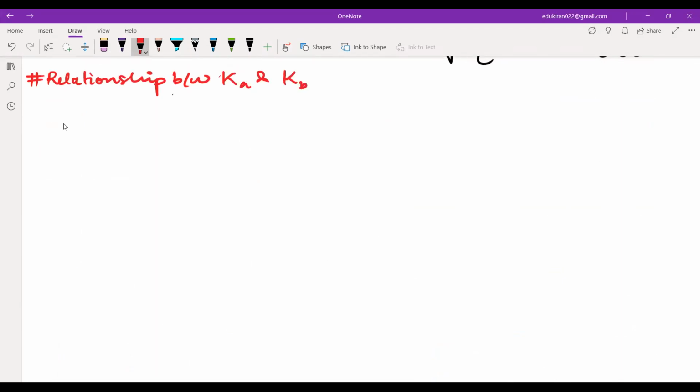Please remember what we are doing. Ka, that means of acid, and Kb, that is the conjugate base. What that means, relationship between Ka and Kb of a species.